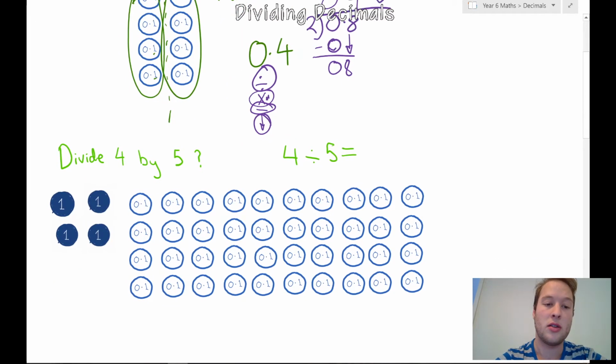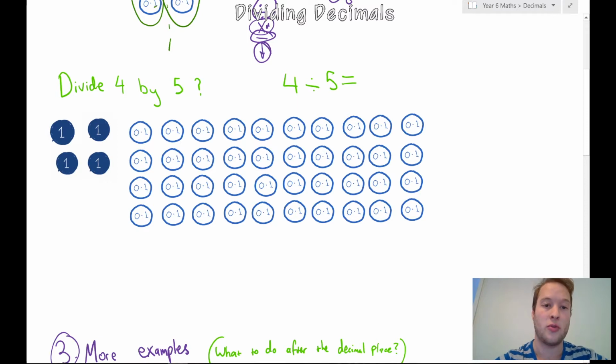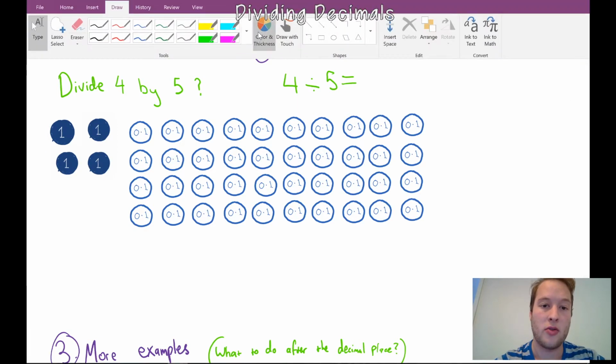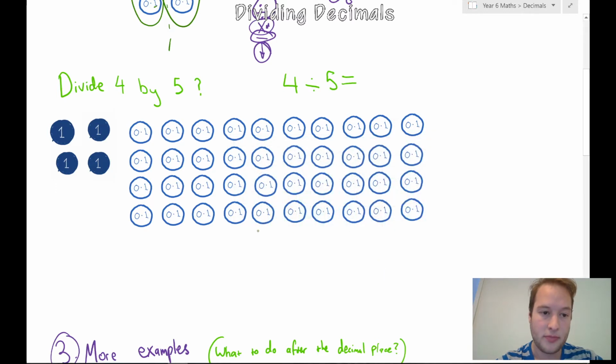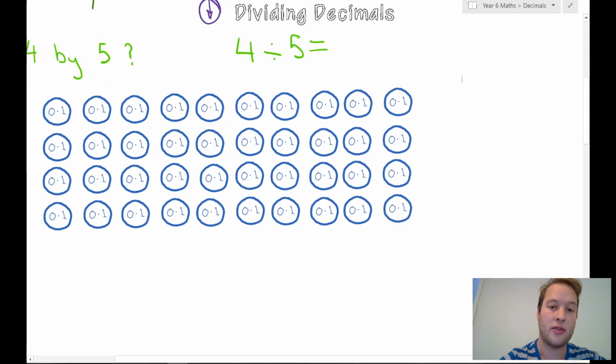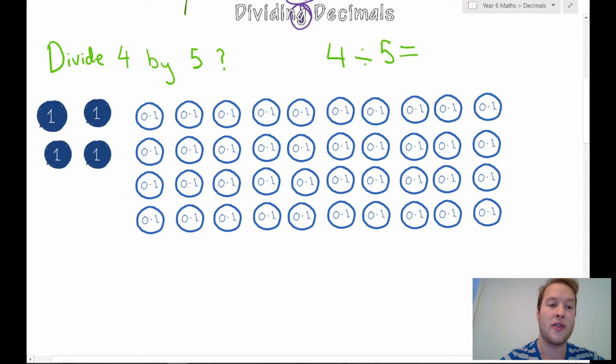Let's have another visual. I'll again use my green pen so you can see exactly what's going on. I've got the question, what is 4 divided by 5? I've rewritten it like this, 4 divided by 5.